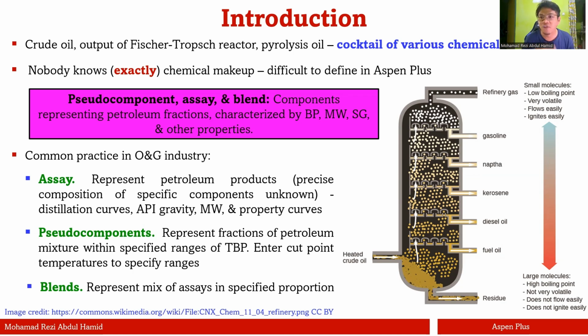And then when you do a fractional distillation, it has gasoline, naphtha, kerosene, diesel oil, fuel oil, lubrication oil, wax, and maybe atmospheric tower residue. And these can be defined as a pseudo component. It's basically a fraction. The last one is basically a blend. It's basically a combination of two or more assays at a specified fraction.